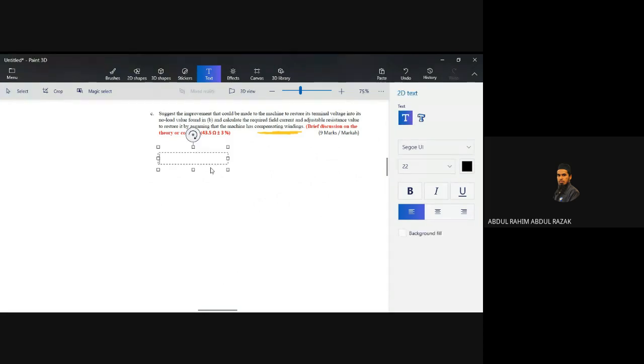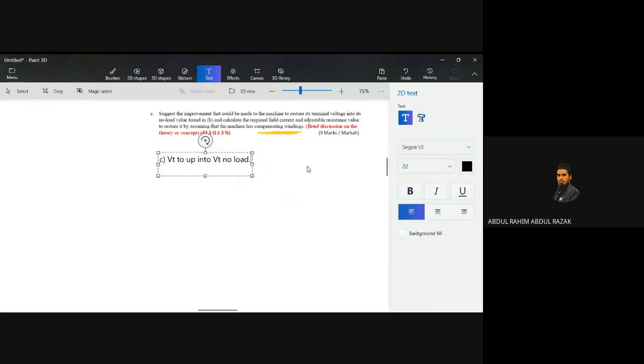So we start over here that we have to increase. So for C, VT to go up into VT no load. So what happened? How do you want to adjust that?